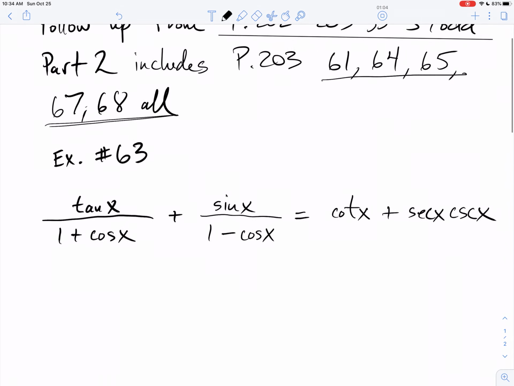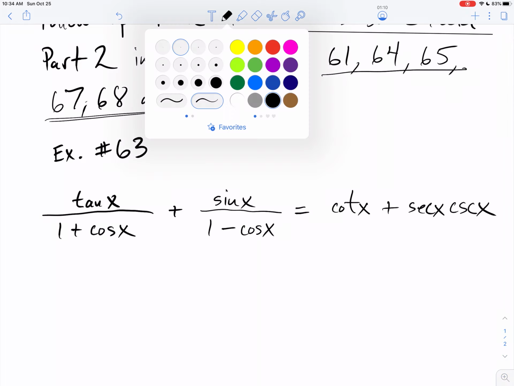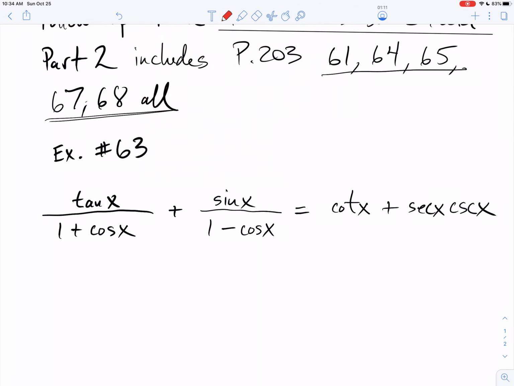Let's begin. What I mean by the conjugate is right here. I'm going to use a red pen so you can see where I've been. The conjugate of this guy would be this. Multiply top and bottom by the conjugate. That is sometimes the way you want to start a problem.